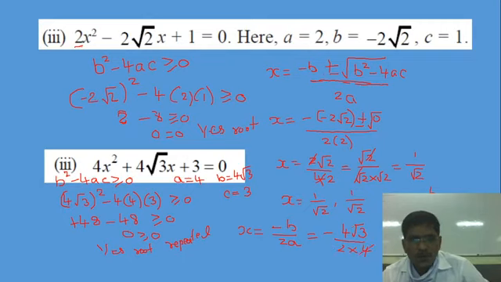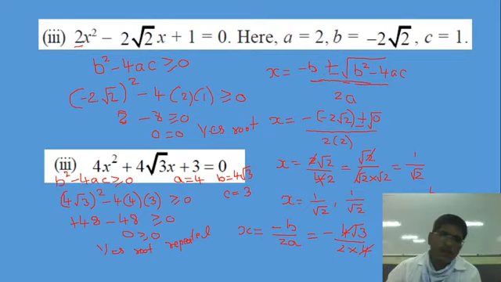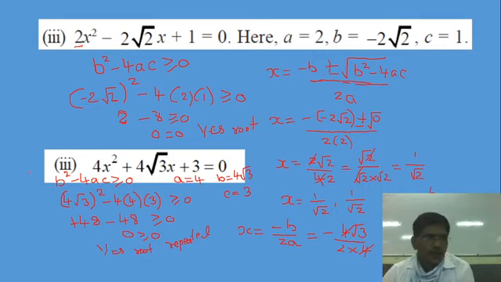These 4 cancel. So x is equal to minus root 3 by 2. But again we discussed that it is a repeated root, so I have to write 2 times x is equal to minus root 3 by 2. So it is 2 sums.